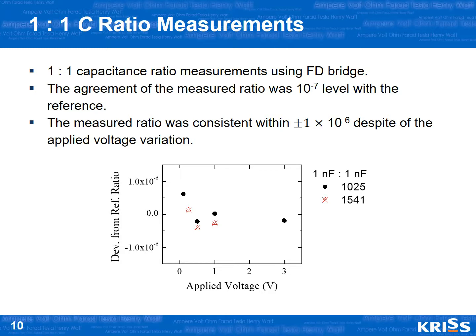The results were then compared with those obtained from the digital assisted bridge. Here the graph shows the deviation lies within plus minus 1 times 10 to the minus 6 of the measured value, regardless of the applied voltages.